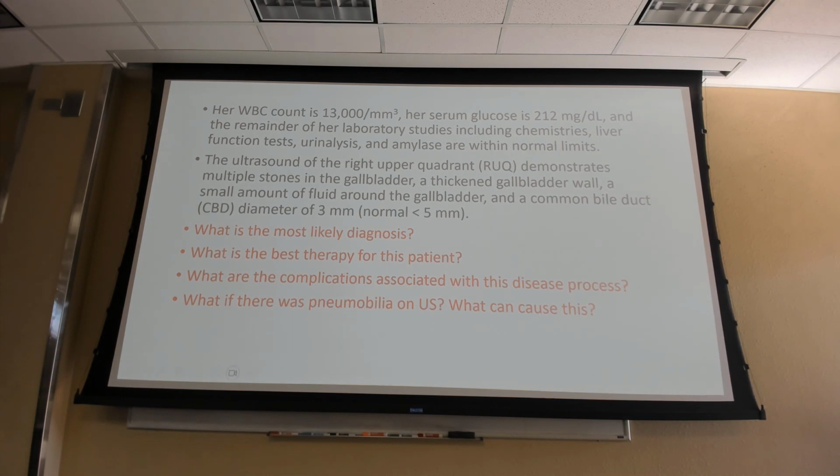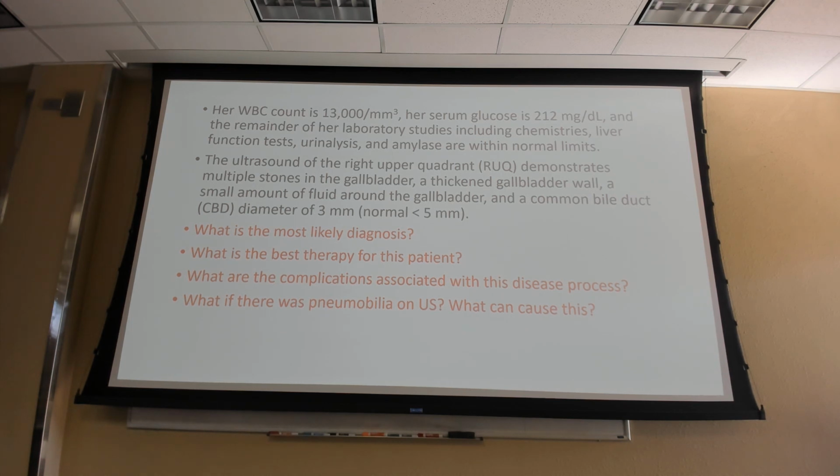Good. And what are some complications we're worried about with cholecystitis? Yeah, infection certainly, but what else do we worry about? Yeah. So some sort of common bile duct obstruction. This one had a normal diameter, but what if it was like 10 or 11? Then what are we worried about? Like a choledocholithiasis, right?